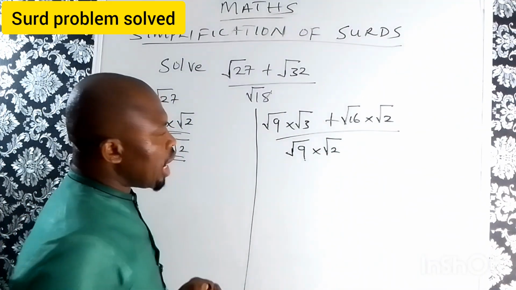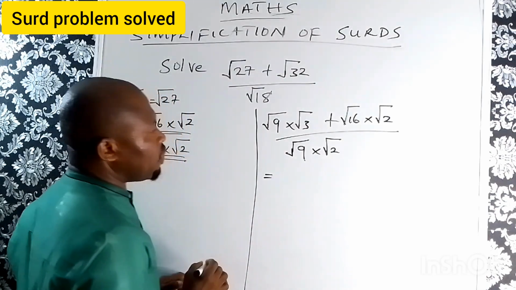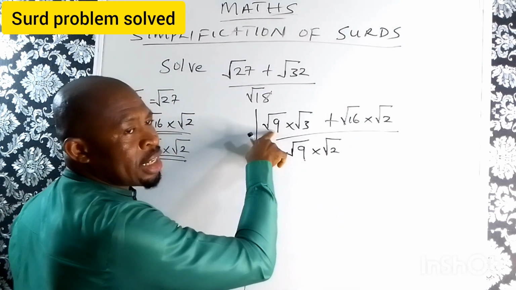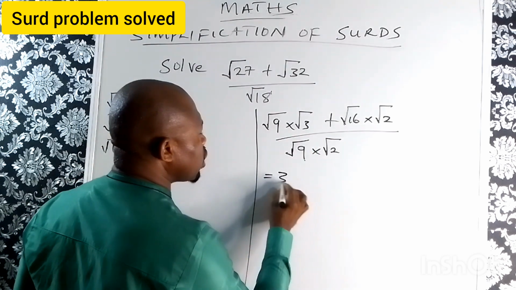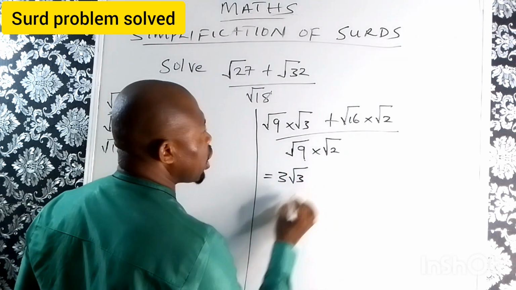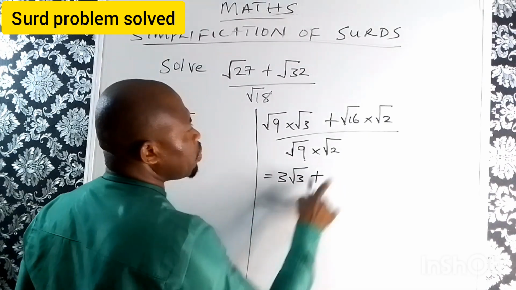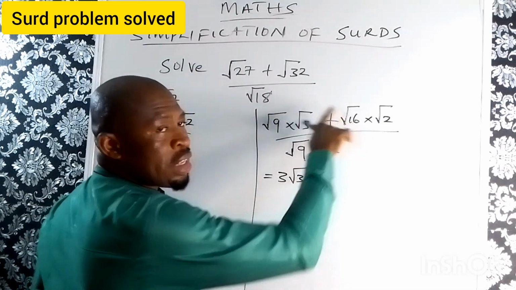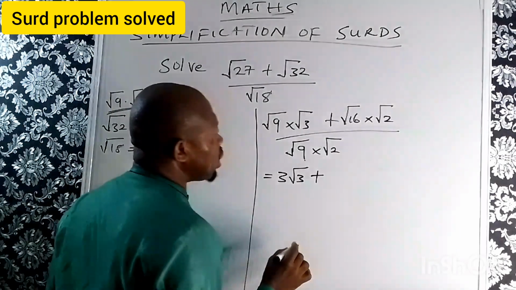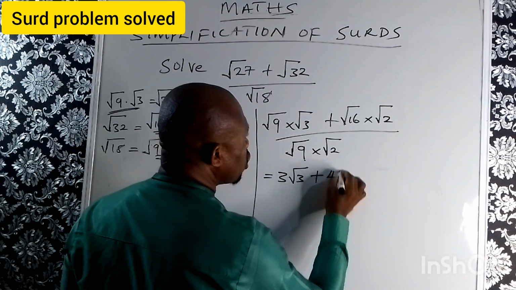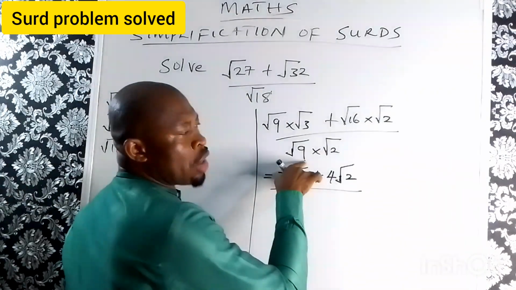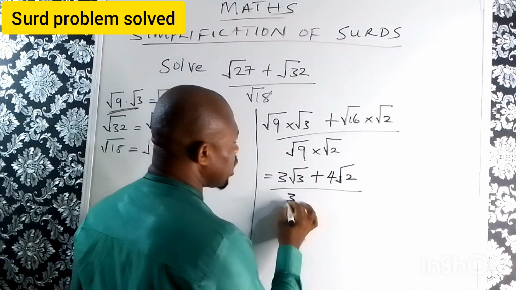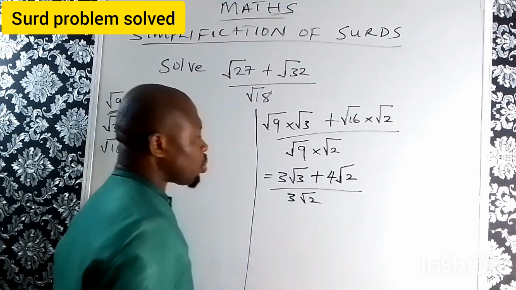Having expressed it like this, the square root of 9 is 3, so 3 times root 3 gives us 3 root 3, plus the square root of 16 gives us 4, which gives us 4 root 2, all over the square root of 9 times root 2, which gives us 3 root 2.